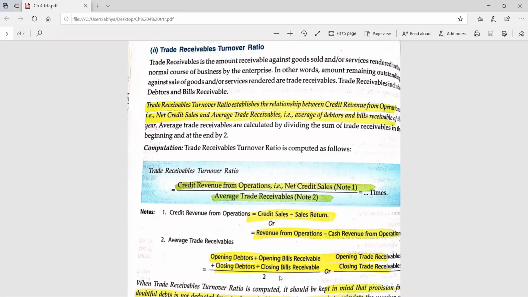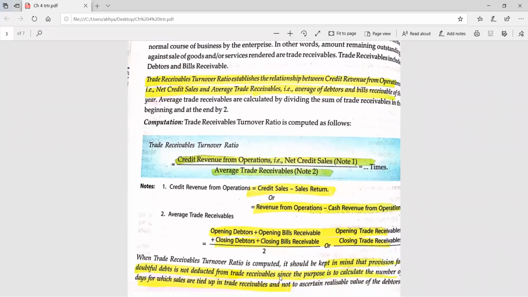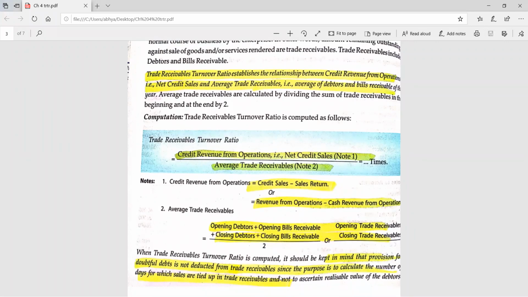Net credit sales upon average trade receivable. Now, how you will be calculating net credit sales? Total sales, if are given in the question, then total sales minus cash RFO. Or credit sales, if only sale word is given in the question and nothing is mentioned with that sale.